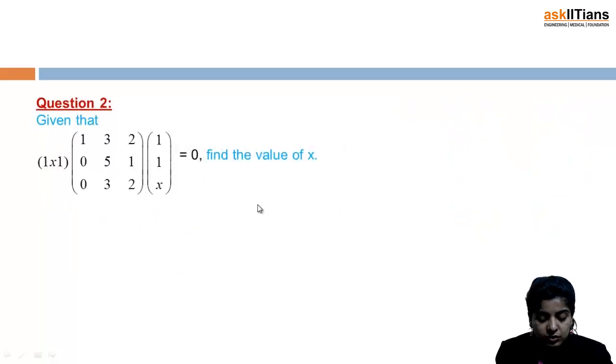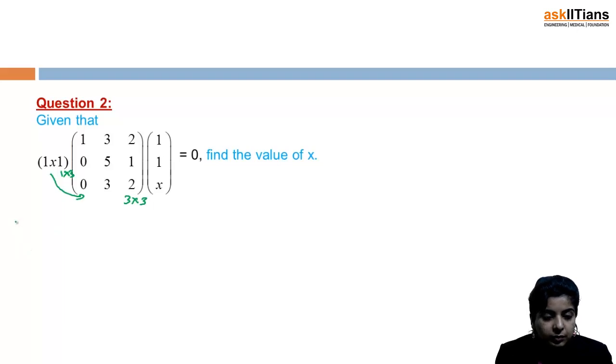Now the next question says, given that this equals 0, find the value of x. So you just need to multiply these three matrices equated to 0 and find the value of x. You can multiply this with this. In fact, the order is 1 row 3 columns and 3 rows 3 columns, so they are conformable, and the resultant matrix would be 1 cross 3.